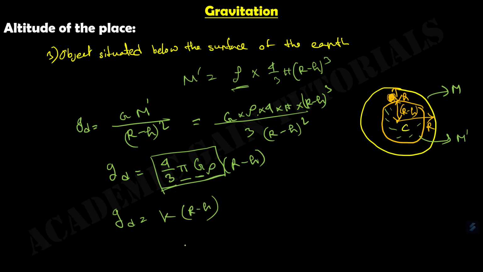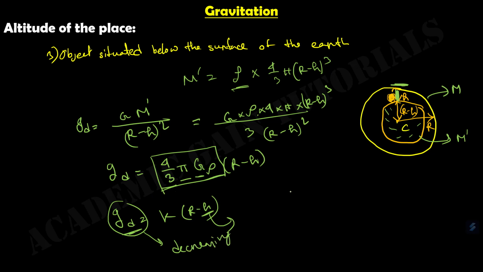From this above equation, when h is increasing, our g of d will decrease. So with increased depth from the surface of the earth, the gravitational acceleration g will be decreasing.